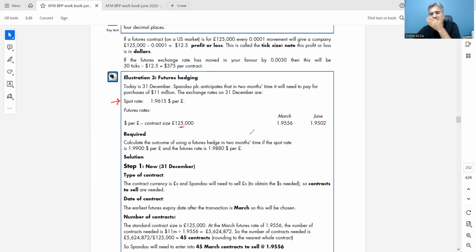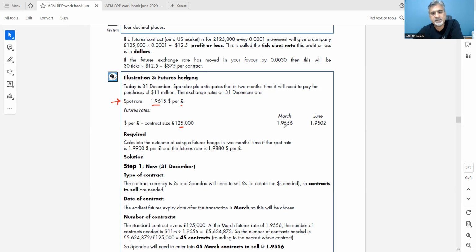Now, if you see what is happening, actually dollar is becoming stronger because today you have to give $1.96 to buy one sterling. They are expecting that in March you can give $1.95, which means you will give less dollars to buy one pound. So dollar is actually appreciating in this scenario according to expectations.